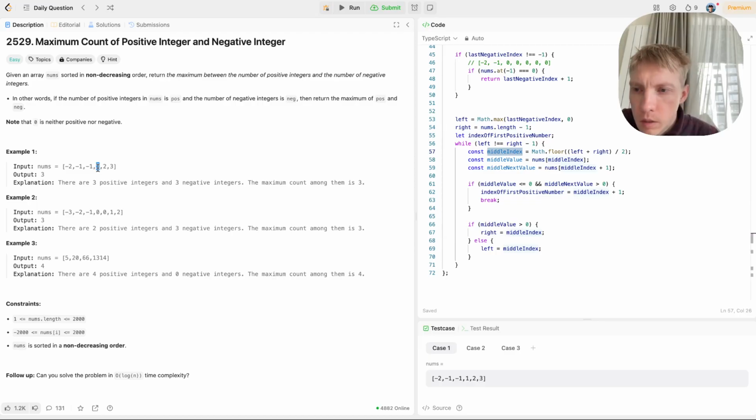Right would be 3, left would be 2. After that, 5 divided by 2 would be 2.5, middle index 2. Next, middle next value 1. And we're satisfying this condition. Index of first positive number would be 3. Yes, it should work.